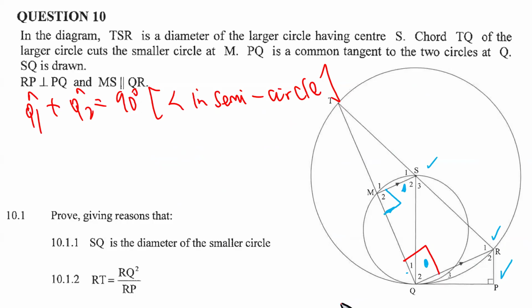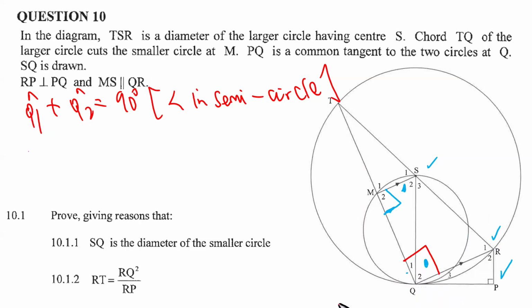So we continue. We already said that Q1 plus Q2 is 90 degrees, an angle in a semicircle.